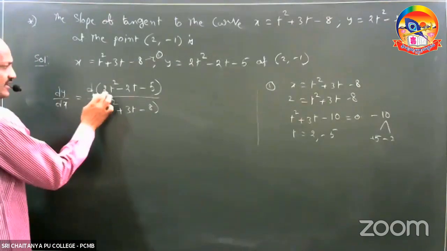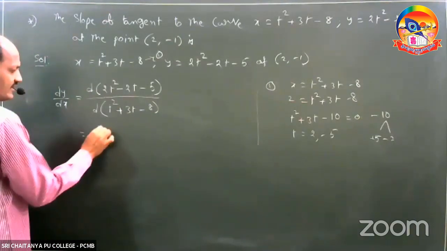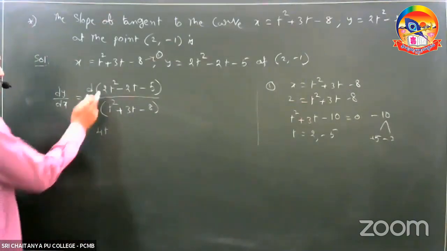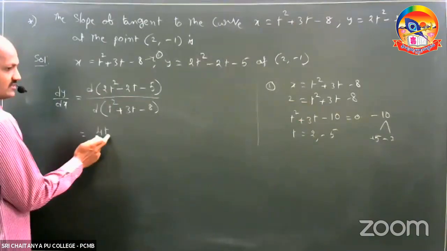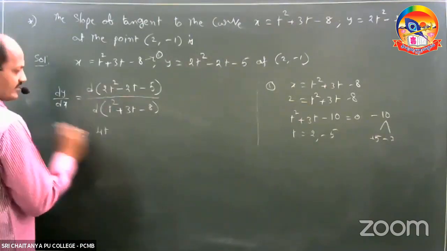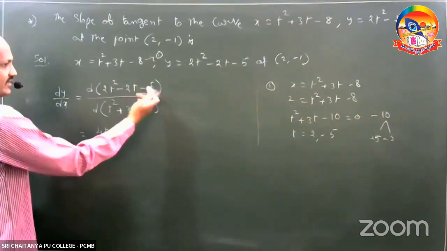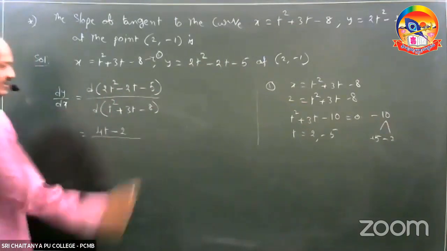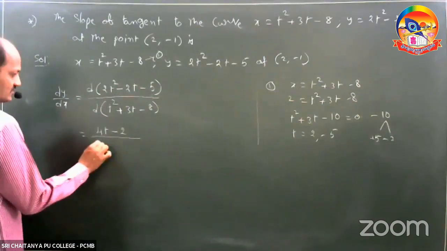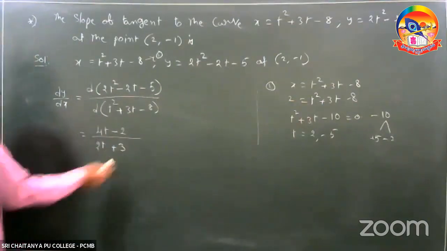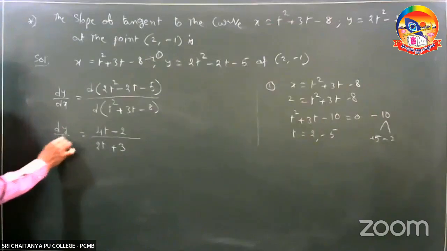The derivative of 2t square is 4t, 2 is a constant, derivative of t square is 2t, so 2 into 2t. Minus derivative of 2t is 2. Derivative of the constant is 0. So divided by the derivative of t square, 2t plus 3. It is dy by dx.